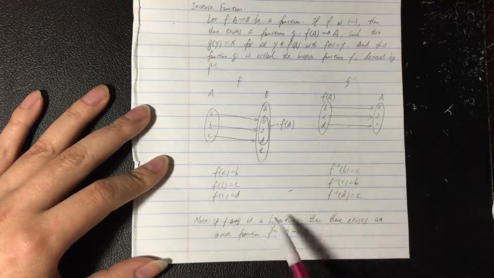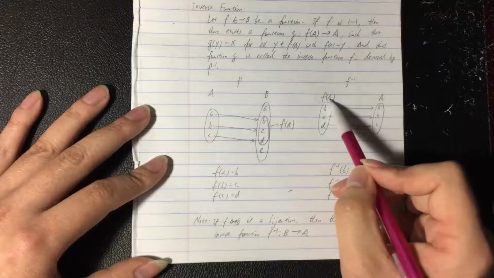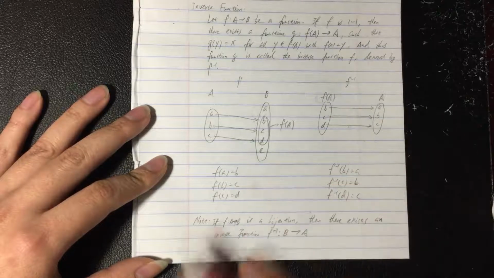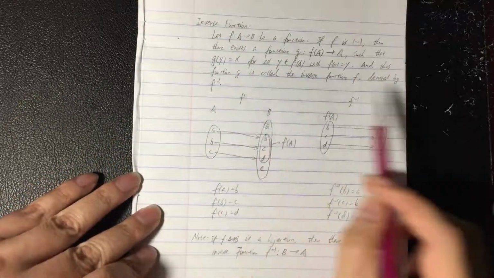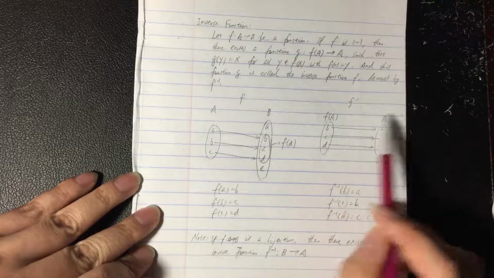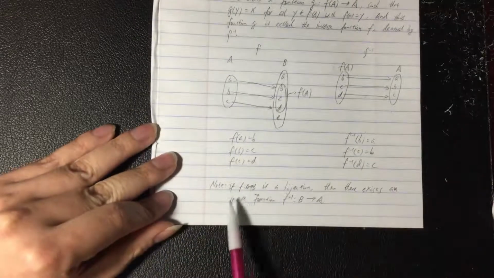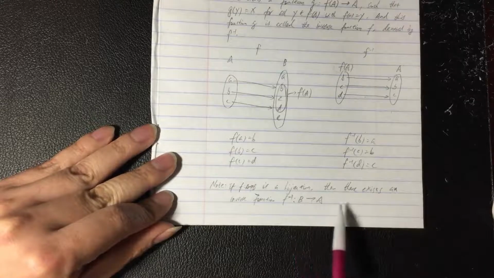If f is one-to-one, there's an inverse function from f of A to A. If f is a bijection, there's an inverse function from B to A.